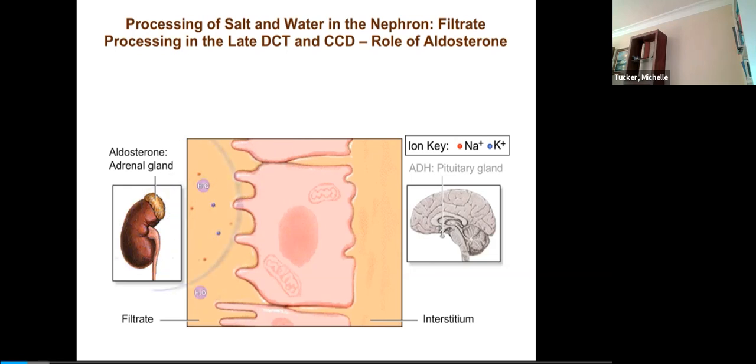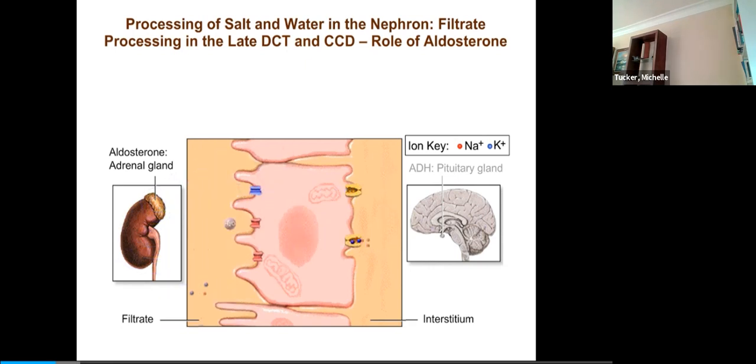When levels of sodium and potassium ions in the blood are balanced, aldosterone levels remain low. As a result, there are few sodium-potassium ATPase ion pumps in the basolateral membrane and few sodium and potassium channels in the luminal membrane. Therefore, sodium ion reabsorption and potassium ion secretion are both low.